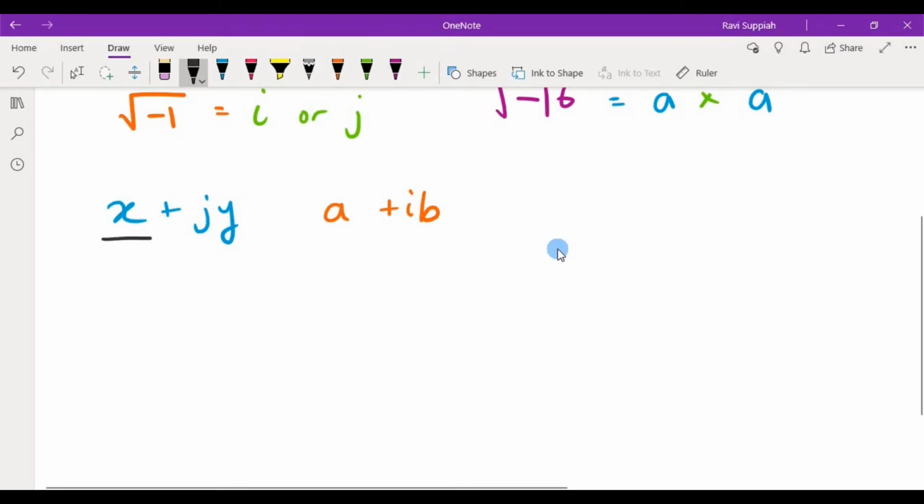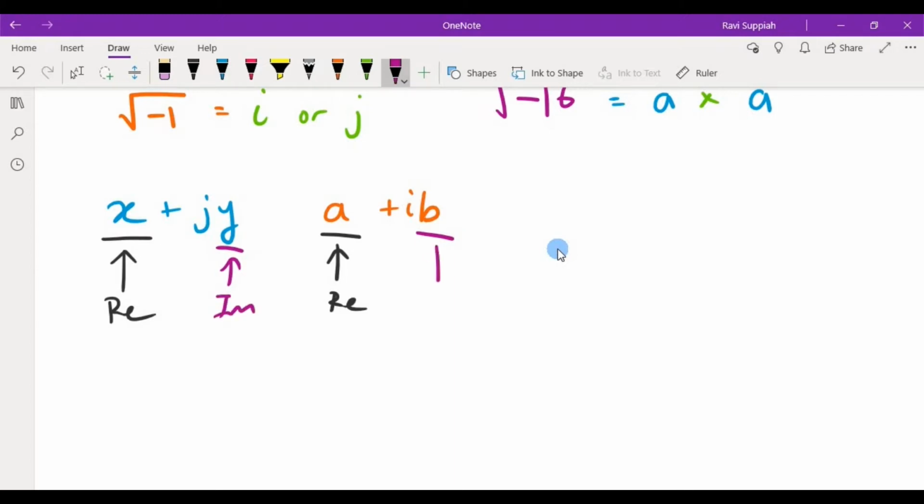The first part of the number, or the number without the i or the j, is what we call the real part of the number. The second part is the number with the i or j, and that is the imaginary part of the number.